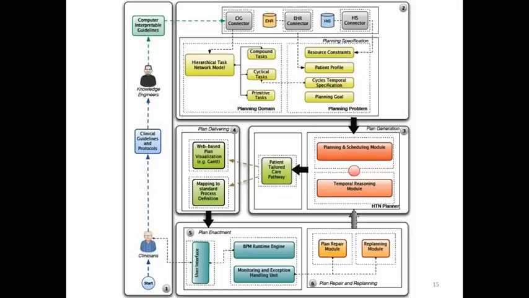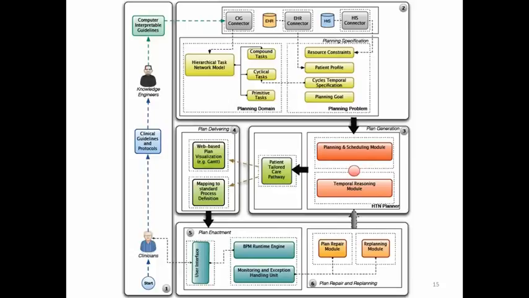Then we have a connector that is able to move from this formal knowledge into a planning specification. For this, of course, we need to include the connection with the electronic health record and the hospital information system.